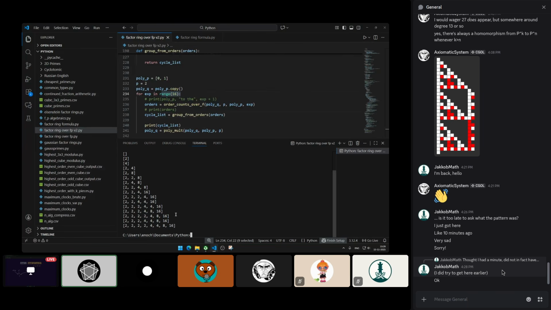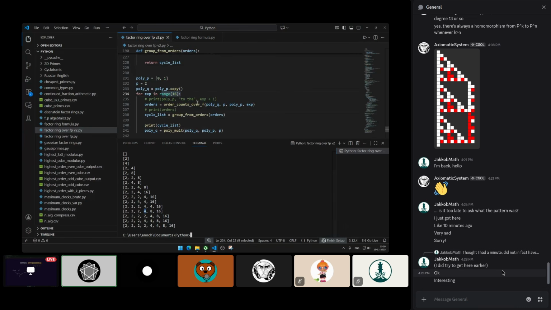The general idea is half of them are a 2 cycle, a quarter of them are a 4 cycle, an eighth of them are an 8 cycle, and so forth, with some squeezing as we need. Like here, there is no 4th of 6, but it's like using floor functions or ceiling functions.